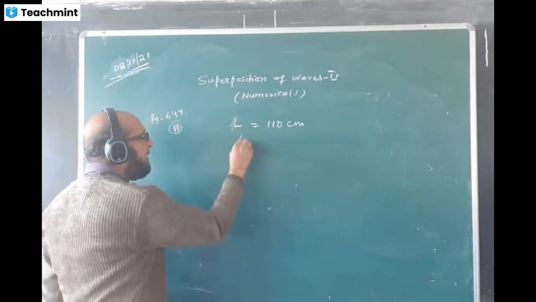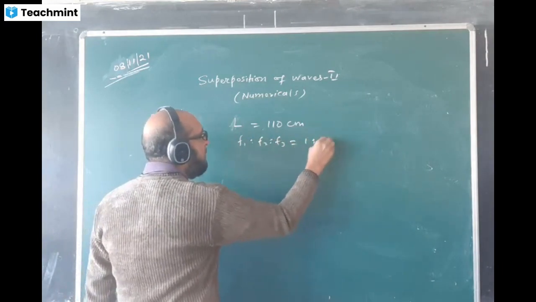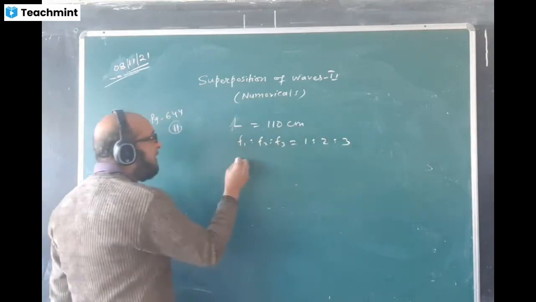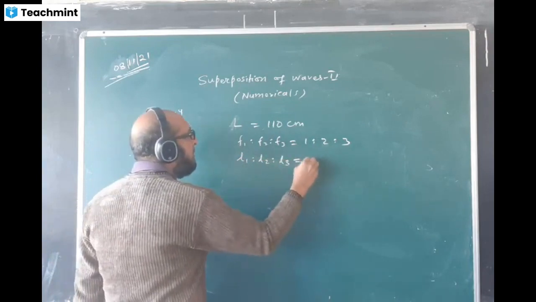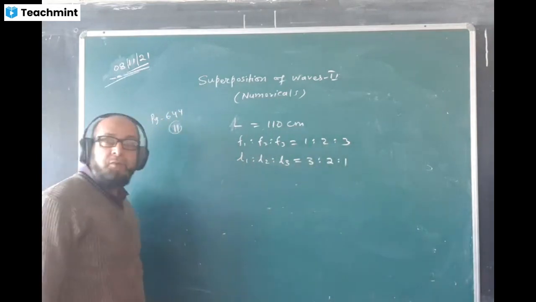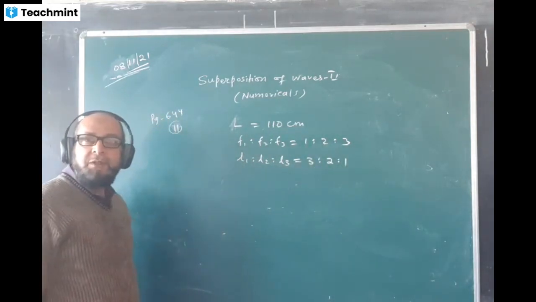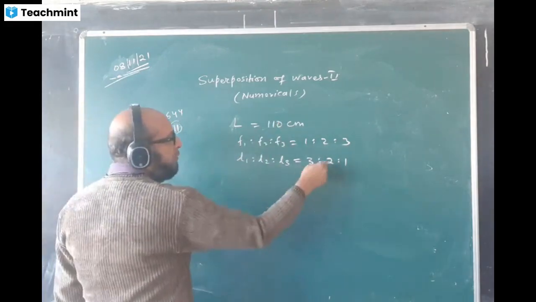Frequency ratio is given as F1 is to F2 is to F3 is 1:2:3. We change into length ratio, L1 is to L2 is to L3, it will become 3:2:1. Inversely proportional, we take the inverse ratio. Now we will divide the total length in this ratio, 3:2:1.